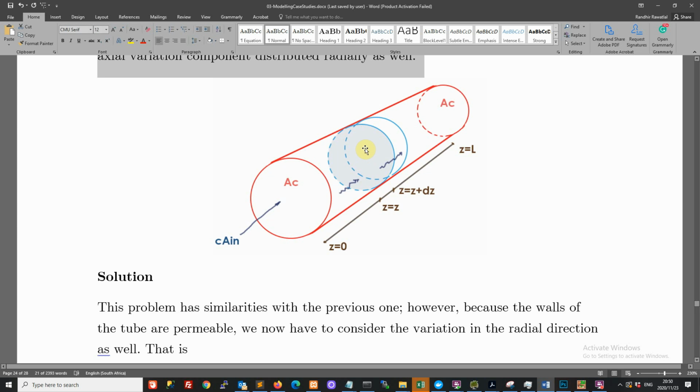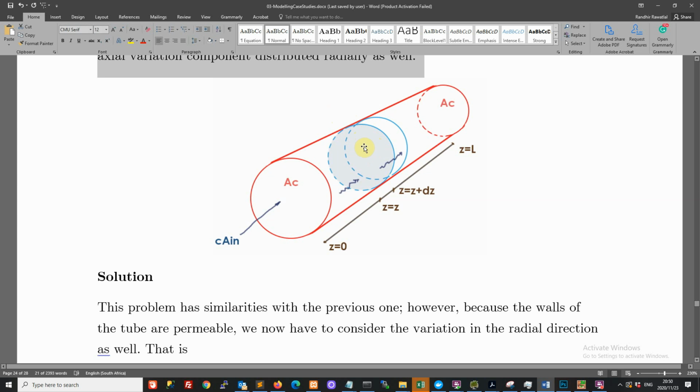So in the center line, we have our component being fed continuously, and we have component A that's leaving the tube through the walls. So we can imagine that because component A is leaving here, that's going to deplete component A near the wall. So we'll have a low concentration near the wall, and then that's going to drive diffusion towards the wall.